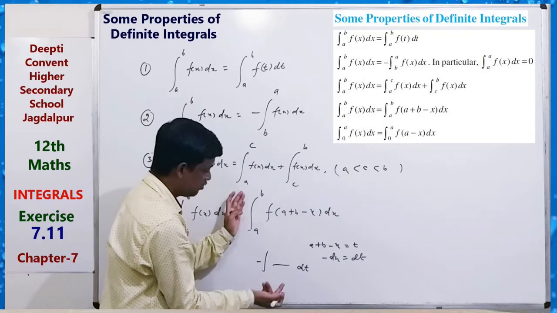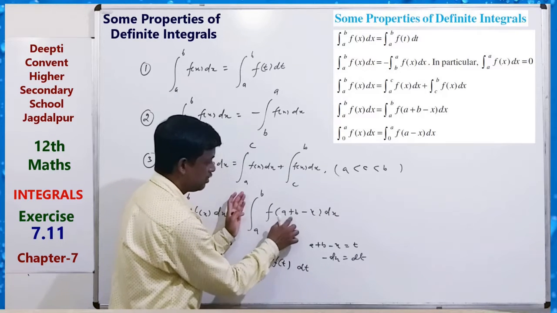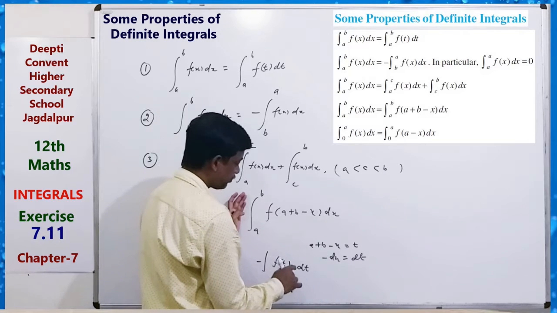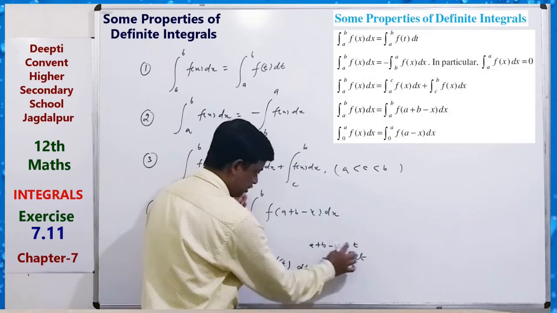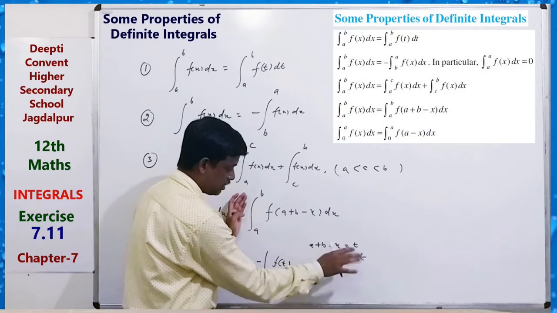And then we can write f(t) in place of f(a + b - x). For the limits, if x equals a, then a + b - a, the a cancels, t equals b.